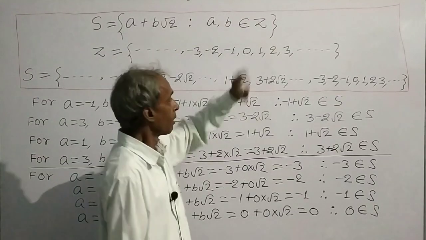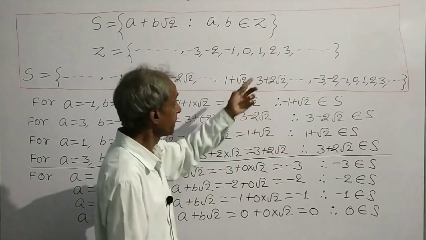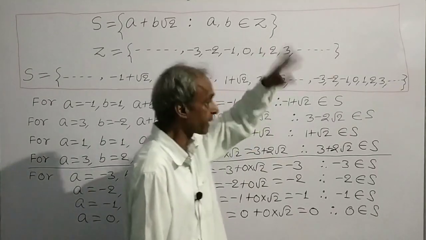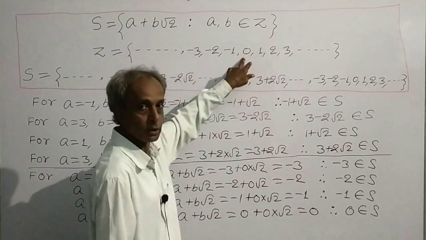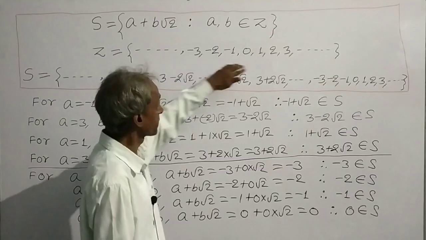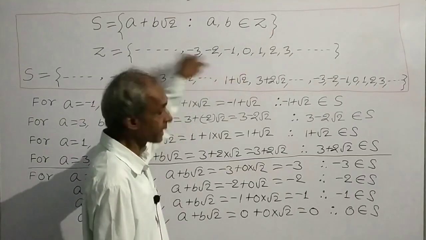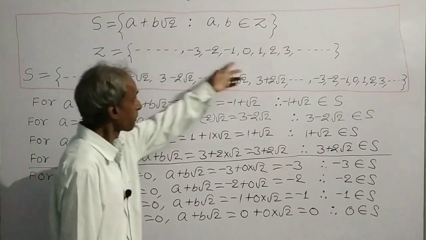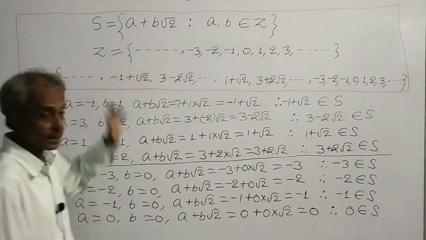That means all positive integers, natural numbers 1, 2, 3, etc. 0 is also present. -1, -2, -3, in this way all negative integers are present in this set Z.